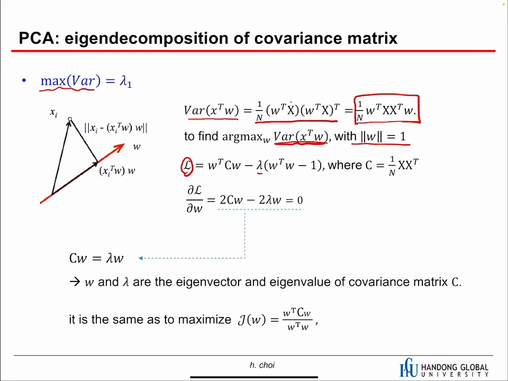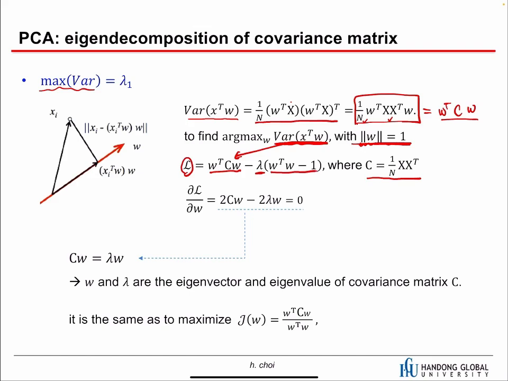And if we put C like this, then 1 over n times X X transpose is C, which means this one is w transpose C w. So we have an objective function to maximize, and we have a constraint. So now we are going to use a Lagrangian function. This one is the constraint, so we put the Lagrangian multiplier and we have a constraint here.